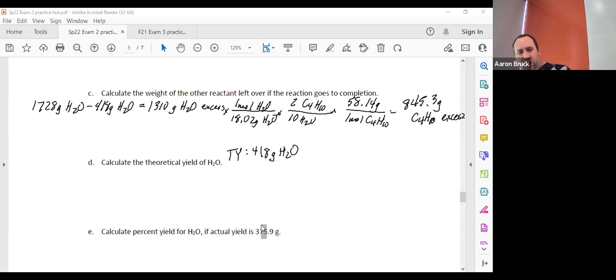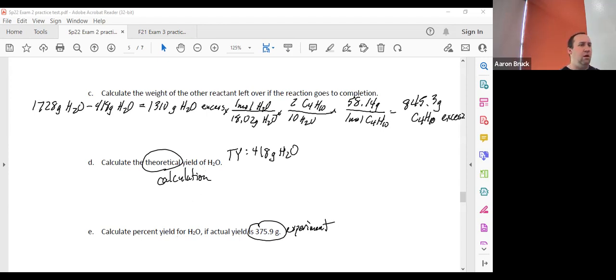So this value is derived from experimentation. This value is derived from calculation. To get the percent yield is actual over theoretical times 100%.